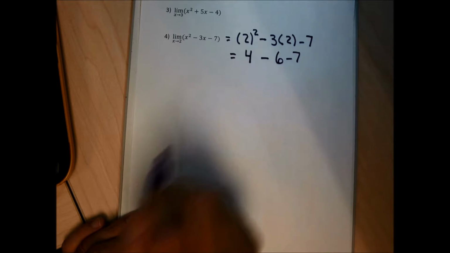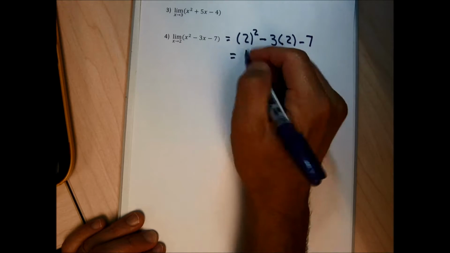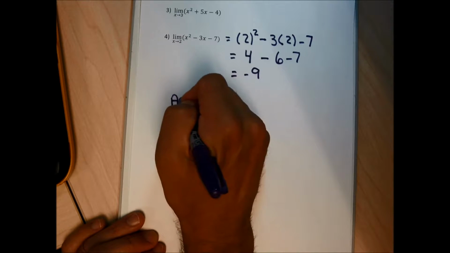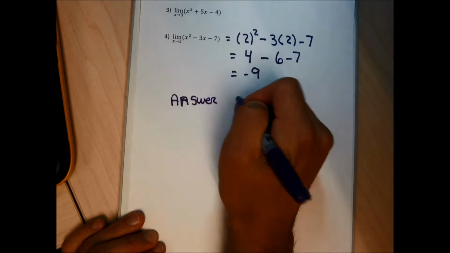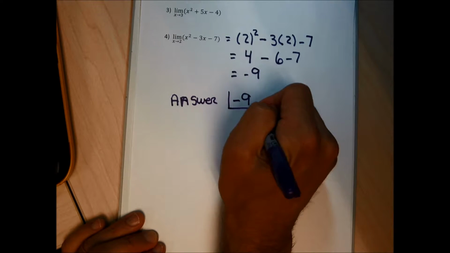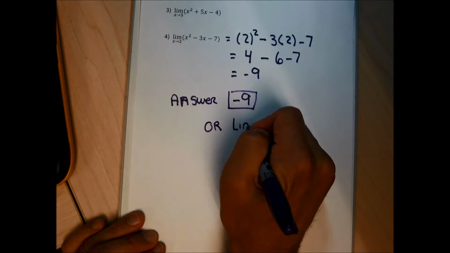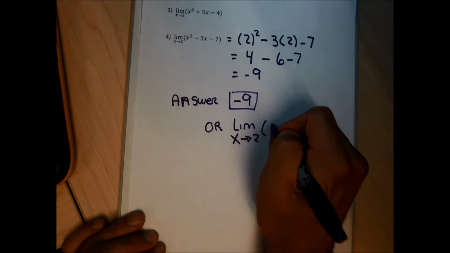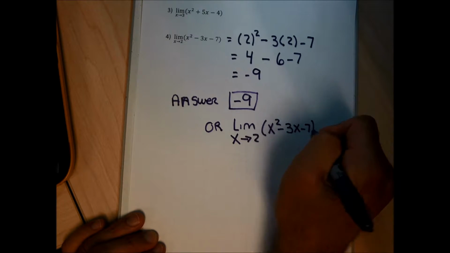Minus 7 is minus 7. 4 minus 6 is negative 2. Minus 7 is minus 9. So my answer to number 4, I can either write just negative 9 by itself, or if you want something that looks in some sense better, you can write the problem with the answer.